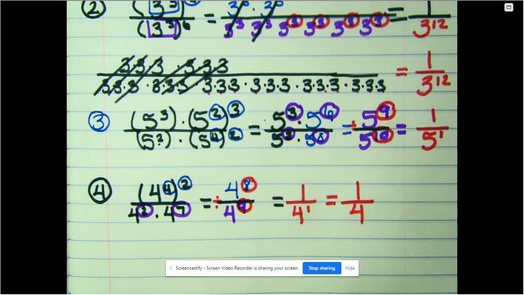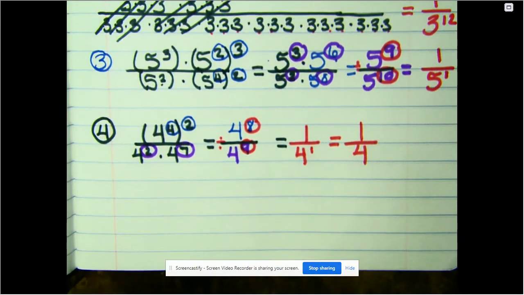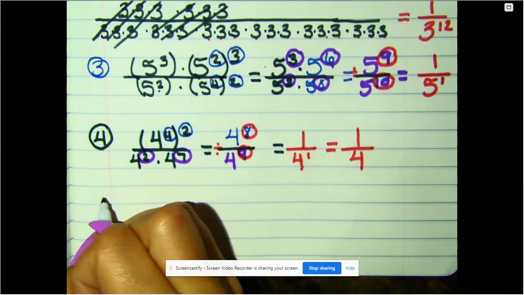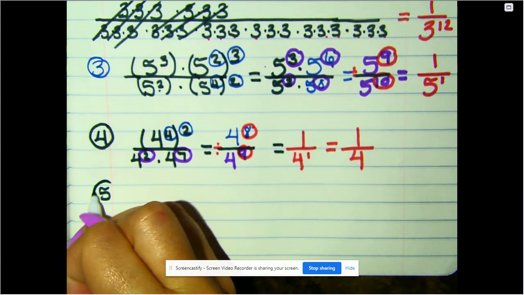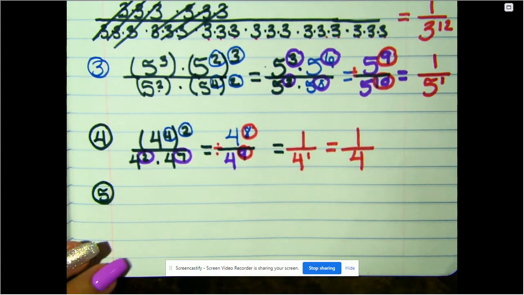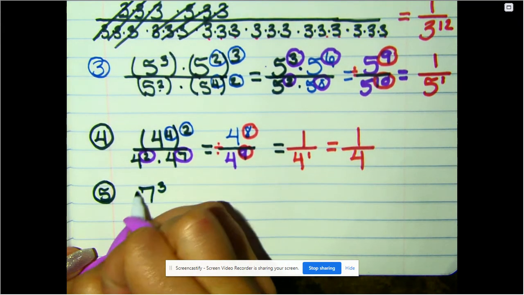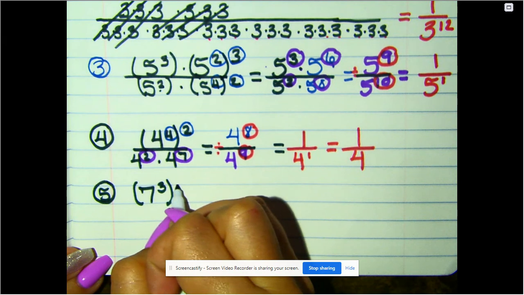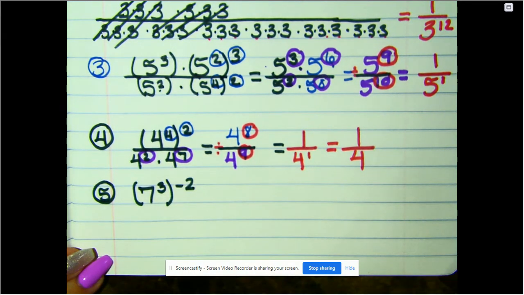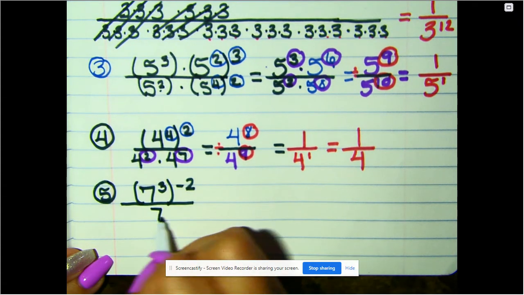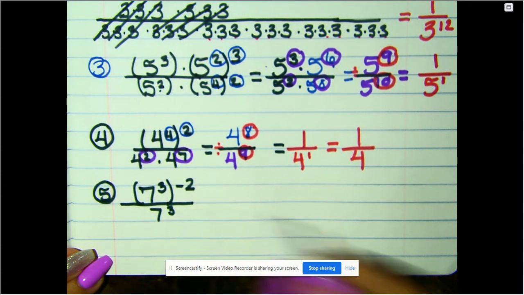Okay, here's where your negative exponents come into play. Bear with me as we introduce you or reintroduce you to negative exponents, but now using the power law. So we have 7 to the 3rd power, and that is raised to the negative 2nd power, divided by 7 to the 3rd power.